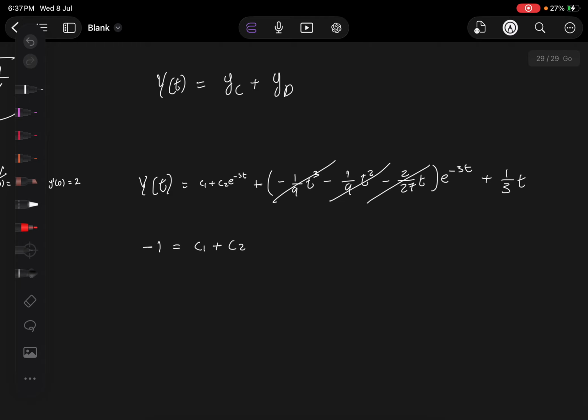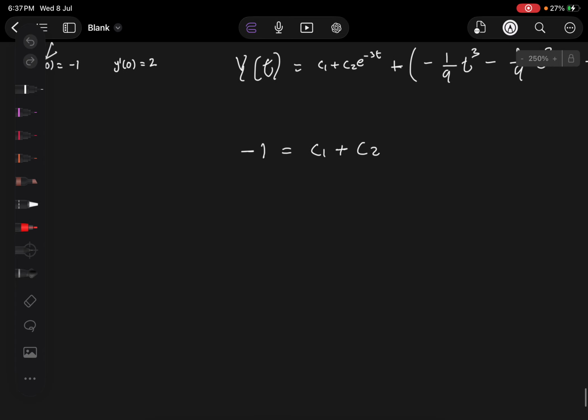So that's 0 multiplied by e to the negative 3t plus 0. So C1 equals, or maybe C1 equals negative 1 minus C2, let's say, whatever. Hope this helps.